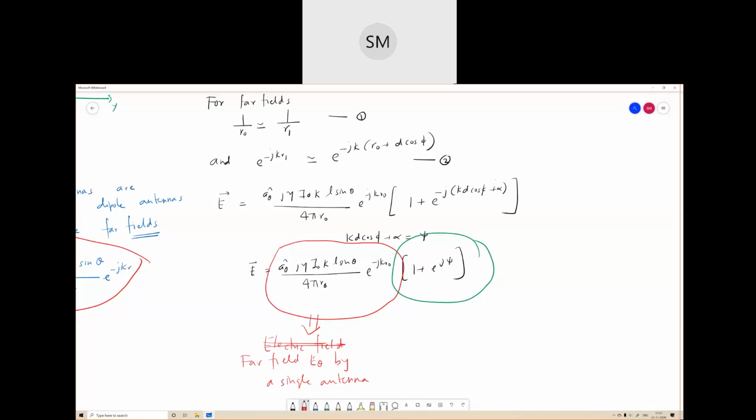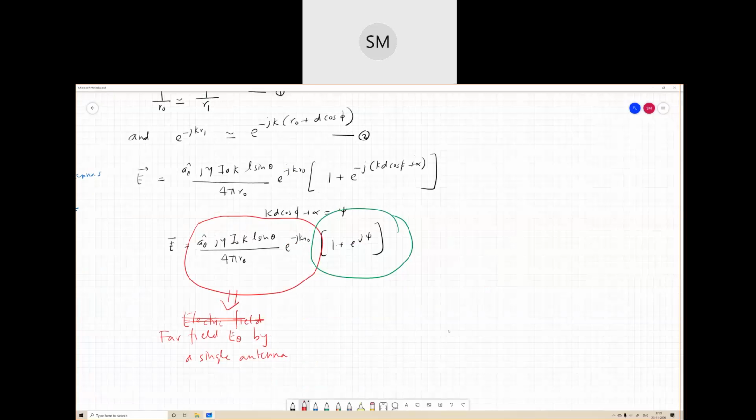The red thing, we saw that is due to one single antenna. How and why is the green thing coming? Anybody? Okay, fine, no problem.